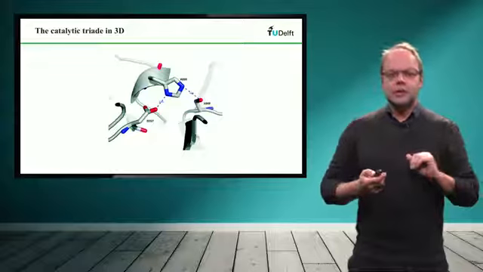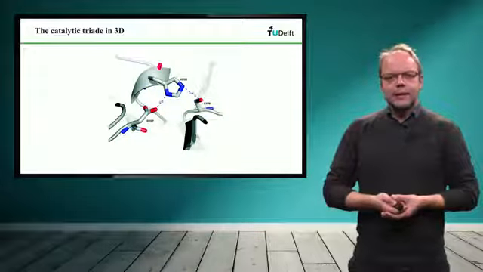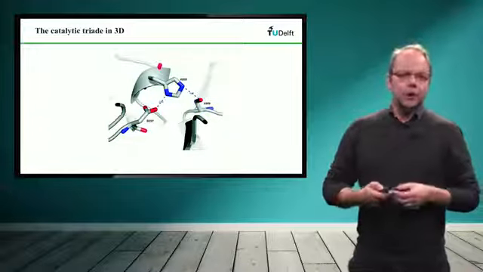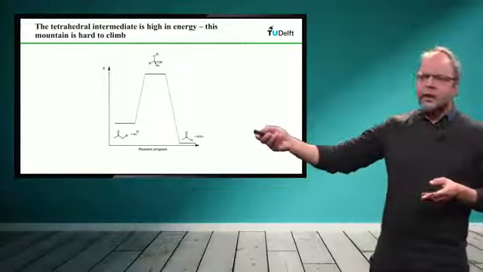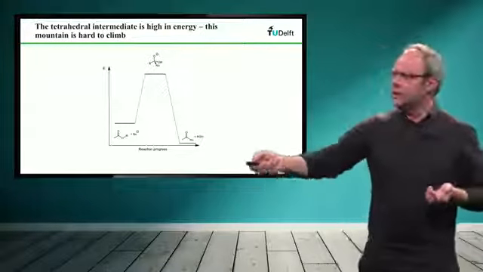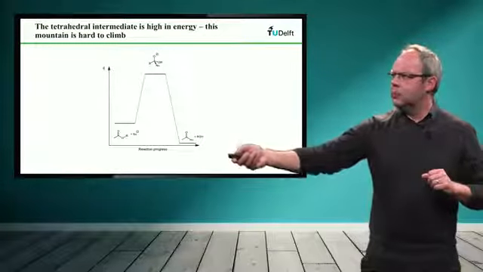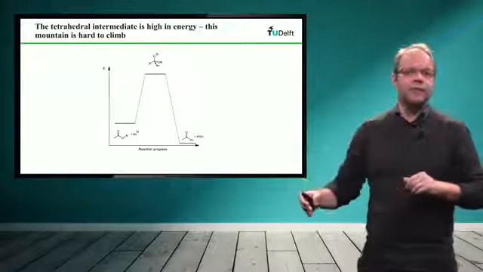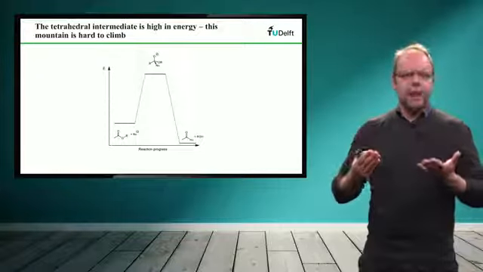I shortly want to discuss with you another catalytic mechanism, and that is the so-called oxyanion hole. So what you see here is a typical energy diagram for catalysis. We have the starting materials at a certain energy level, we have the products at a lower energy level, and in between we have the so-called transition state, which is usually very high in energy.